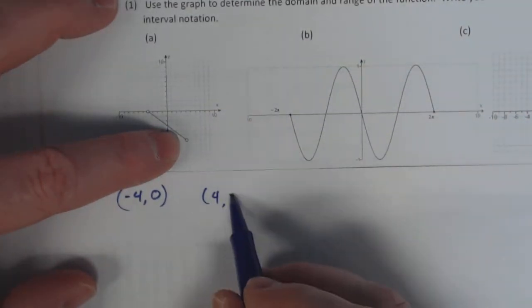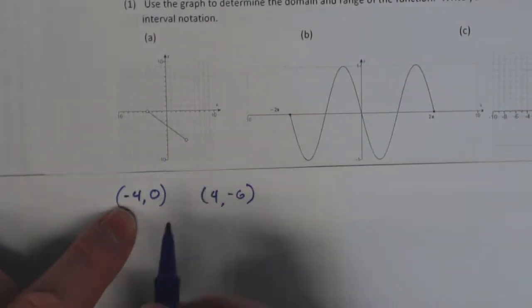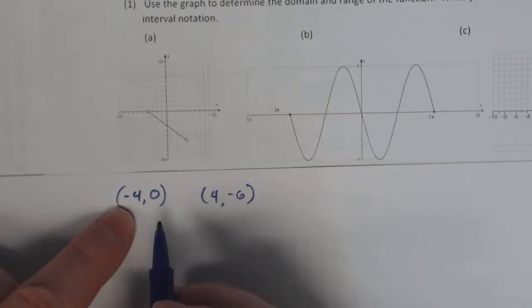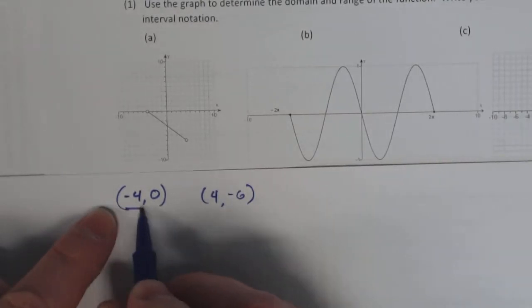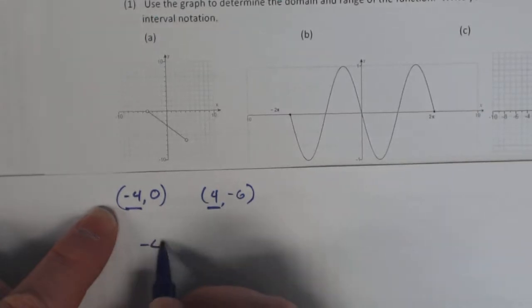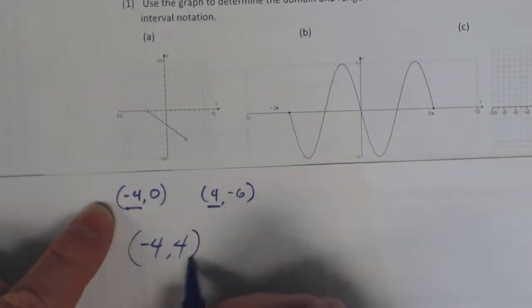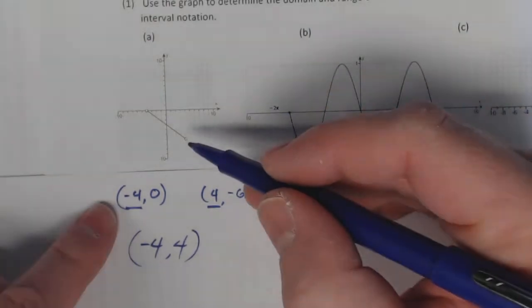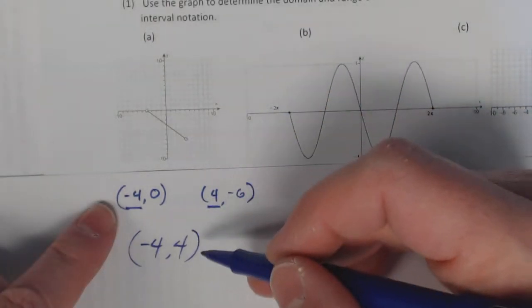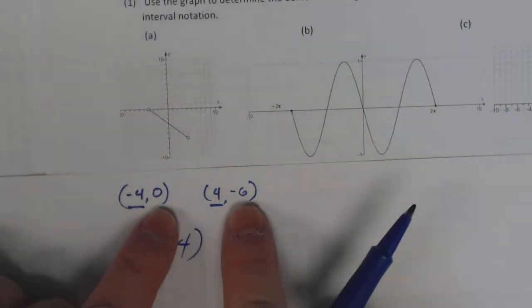Then you go down 6. So the interval, using interval notation, for your domain would be starting from -4 and ending at 4. You always move left to right. And since they're open dots, we're going to use parentheses. If that had been a closed dot, then we use a square bracket.